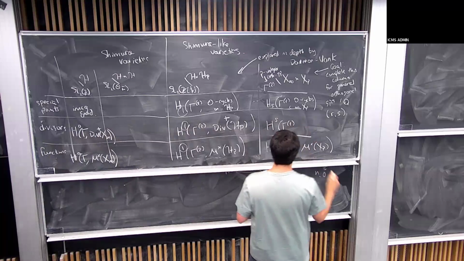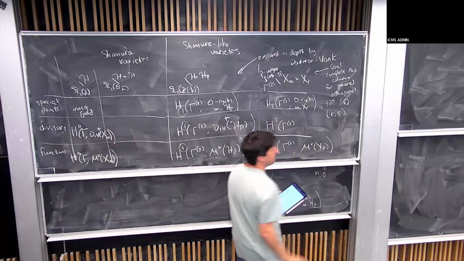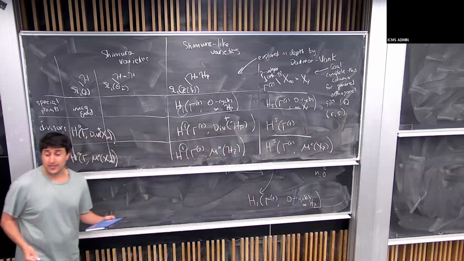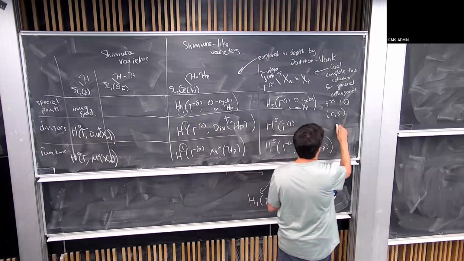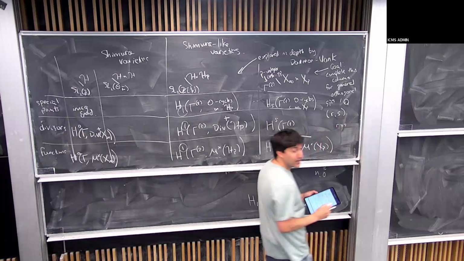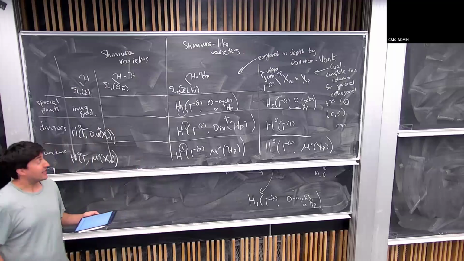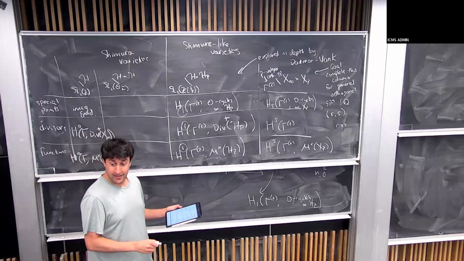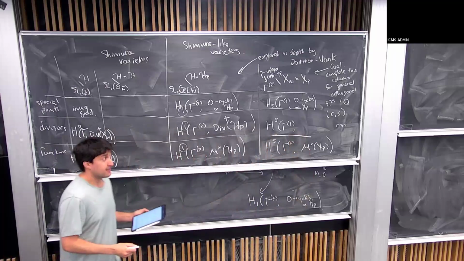Is S the dimension of X infinity? So the dimension of X infinity is R times S. S comes from two integers, R greater than or equal to S. That's the signature of your quadratic space. So that's the same S. Yeah, okay, and the dimension of X infinity is R times S. Interesting, okay. Yeah.